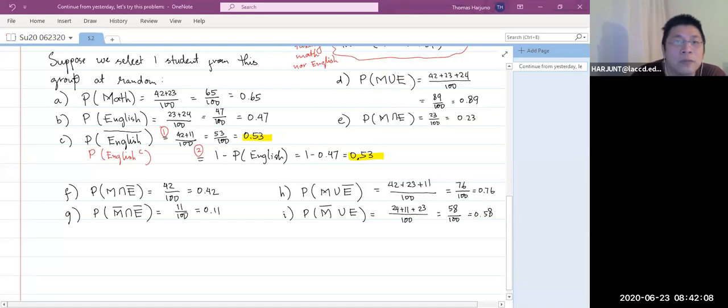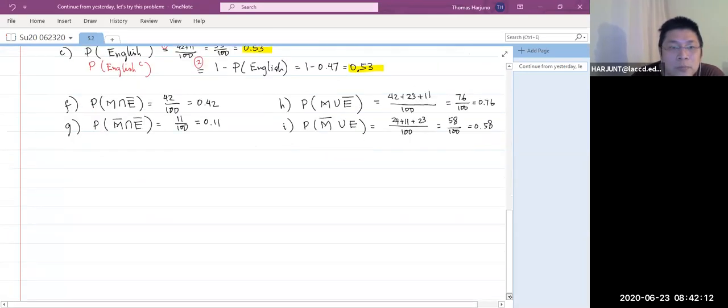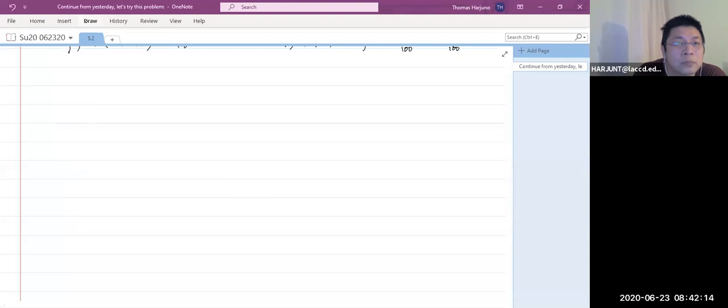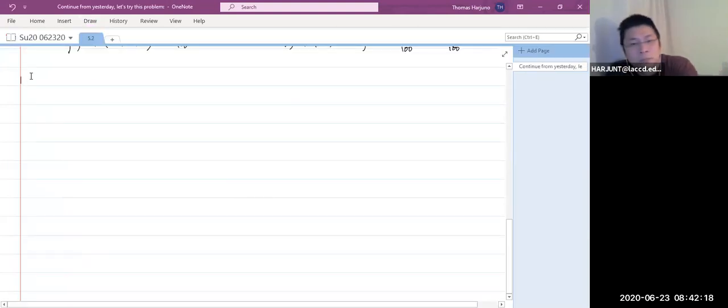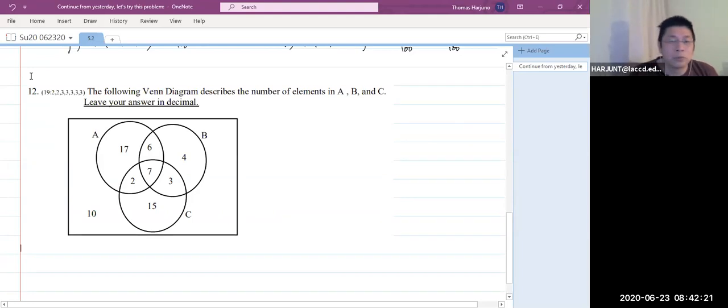Let's say we have this situation. Now let me ask you to copy this Venn diagram first. Please copy that Venn diagram first. And then we would like to answer this question.